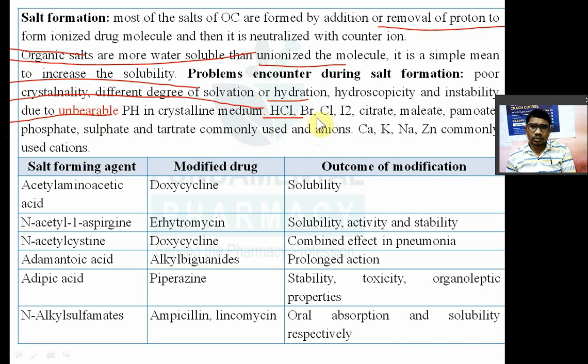Hydrochloride, bromide, chloride, iodide, citrate, malate, palmoate, phosphate, sulfate, and tartrate are the most commonly used anions.